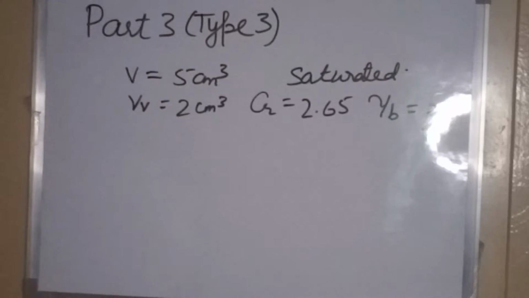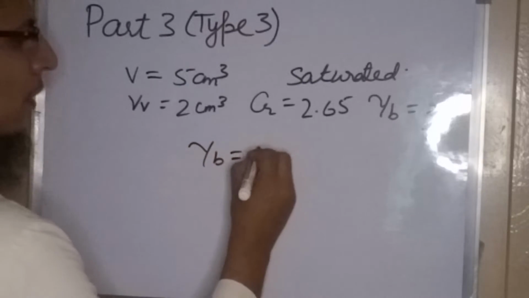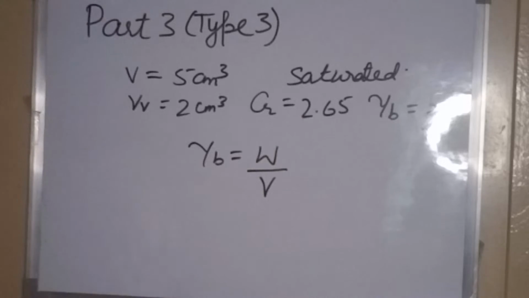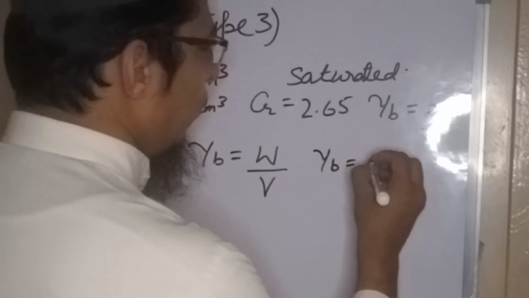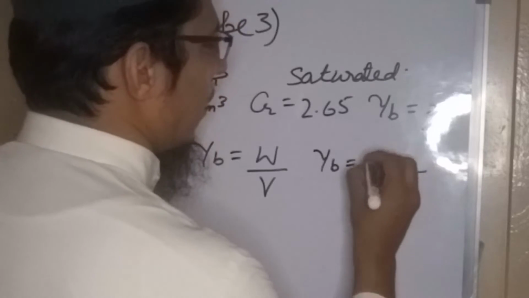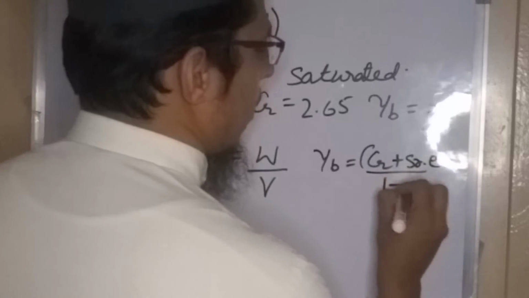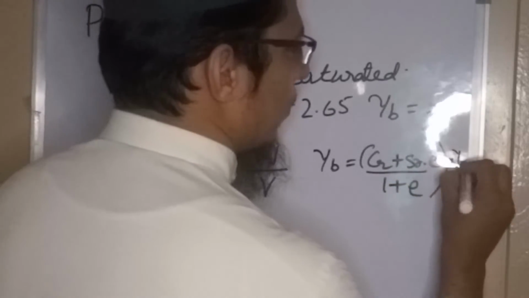If we go by the bulk density formula, one formula for bulk density is total weight upon total volume. Another way to find the bulk density is to use the soil interrelationship, that is (G plus SR into E) upon (1 plus E) into gamma W.